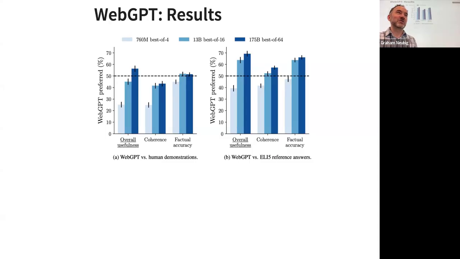So here their baseline was a random Redditor who got upvoted, which in 2021 was pretty impressive that they could beat. They evaluated it, I think manually, based on overall usefulness, coherence and factual accuracy, and demonstrated that their 175B model, so maybe this was GPT-3 actually, sorry, GPT-3, was able to do better than these.